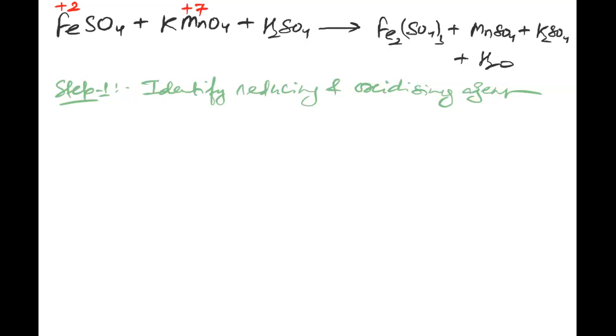In ferric sulfate, iron has oxidation number +3, and manganese in MnSO4 has oxidation number +2. So once FeSO4 is treated with KMnO4, it will convert into ferric sulfate and MnSO4.